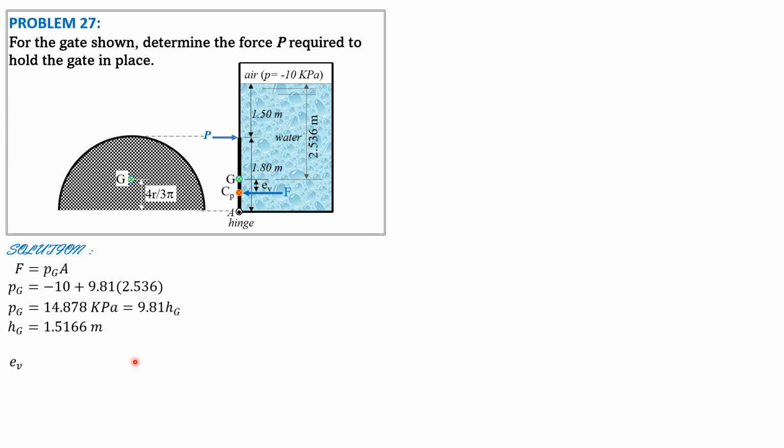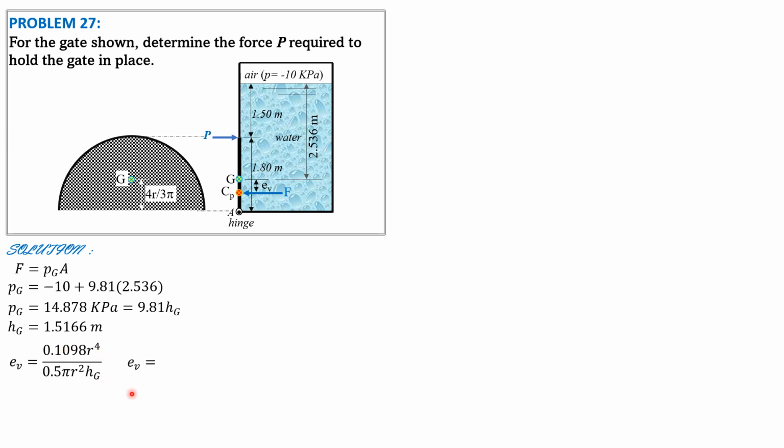So e_V equals 0.1098 r to the fourth over area 0.5 pi r squared times hg. Area is pi over 2 radius squared, area of semicircle. And the moment of inertia with respect to the centroidal axis parallel to the diameter is 0.1098 r to the fourth. So remember that.